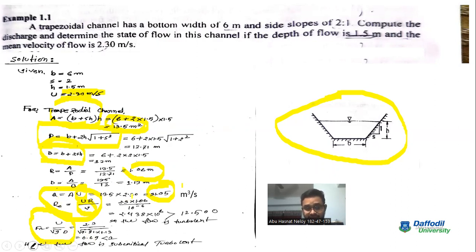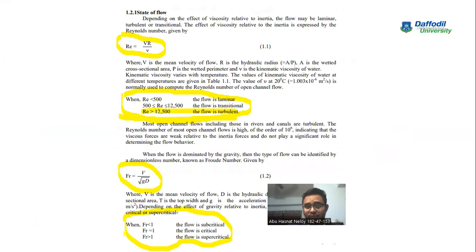We calculated D is equal to 1.13 meters, and finally after calculating all these values we got Froude number is 0.69, that is, the Froude number is less than 1. So we already know that if the Froude number is less than 1, then the flow is subcritical flow.